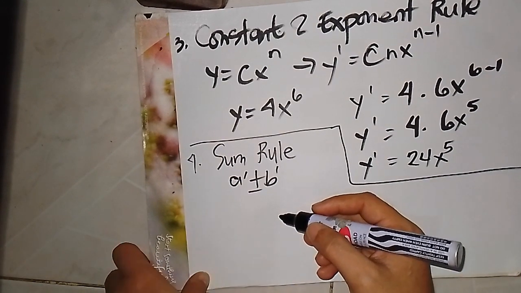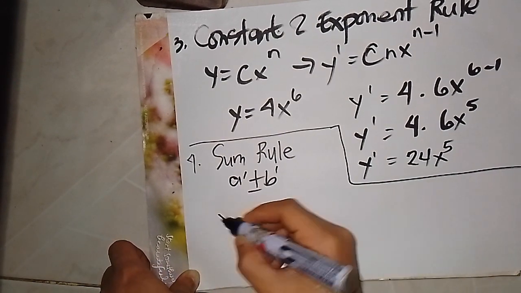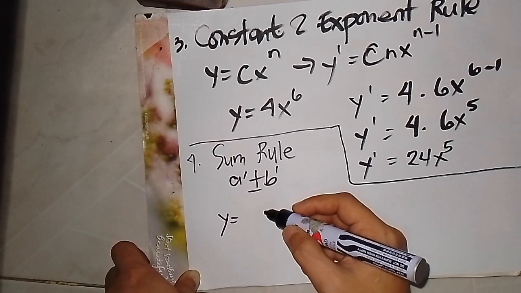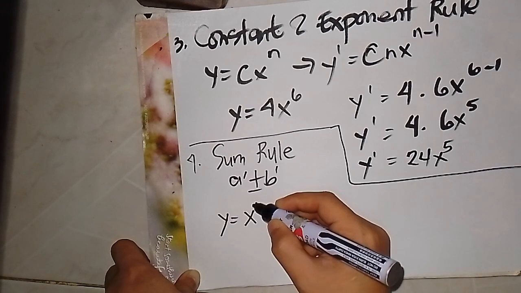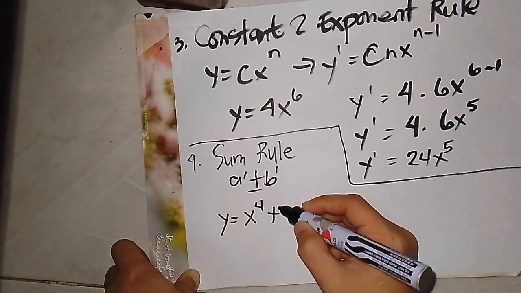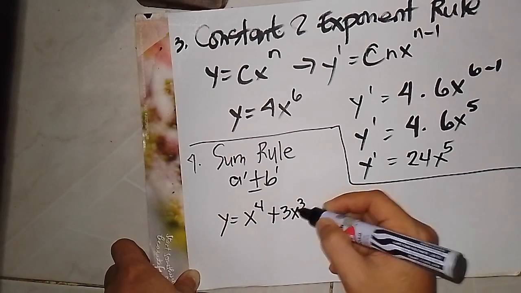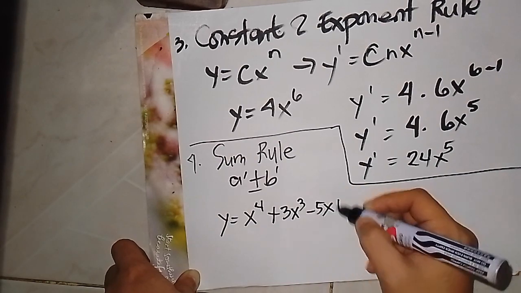So let's have an example. Let's say we get the derivative of x raised to 4 plus 3x cubed minus 5x plus 3.